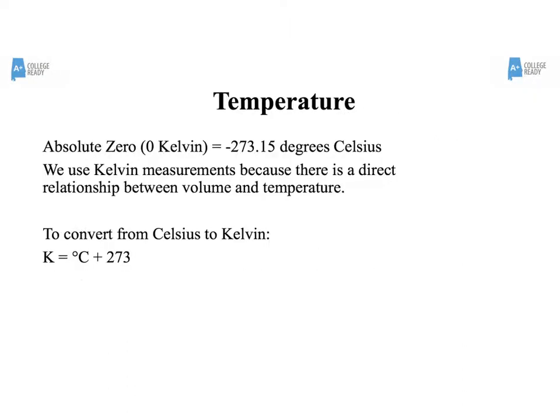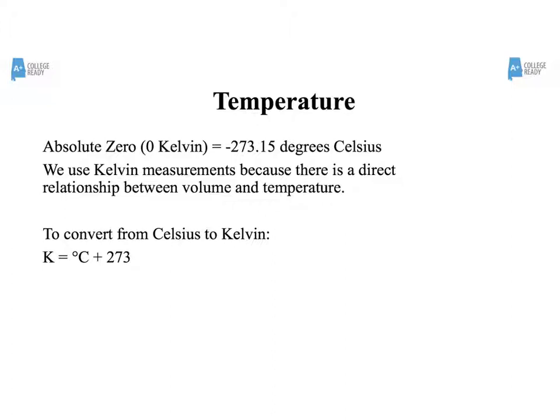Let's talk about temperature. In gas law calculations, we have to use temperature in the scale of Kelvin. This allows us to have a direct relationship between volume and temperature. The reason is Kelvin is a scale that has no negative numbers.